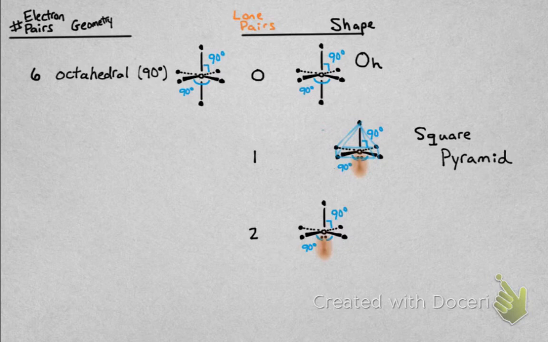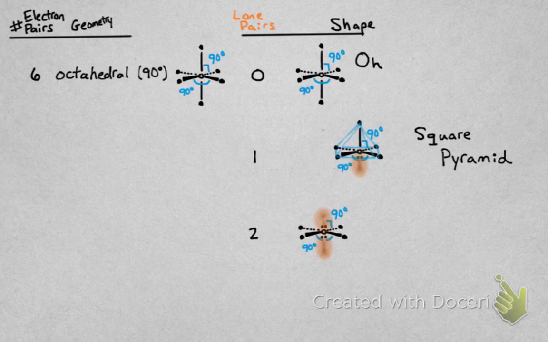Now, since we mentioned before that lone pairs like to have a little more room, if I put it in one of the positions in the square plane, in the base of this pyramid, then that would result in 90-degree angles between the two lone pairs. But if I put them in the up position on the opposite side, now those electron pairs are 180 degrees apart, which is a little more stable.